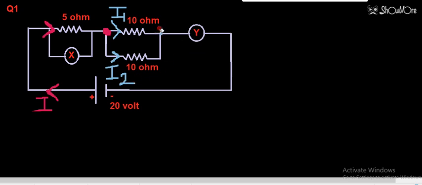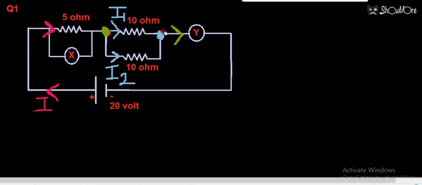Then at this point both the currents will meet again, and the combined current will be the same as earlier, the current I that is coming from the battery. After this point, current is divided into two parts, I1 and I2.